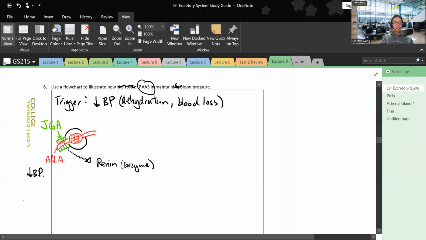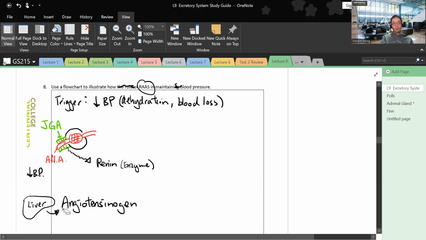Let's move on to the liver. There's your liver, and you know where the liver is now. We learned that in the digestive system. The liver produces a lot of plasma proteins, right? We learned that from lecture 2. There's albumin, fibrinogen, so on and so forth. And in the context of what we're talking about, there is something called angiotensinogen.